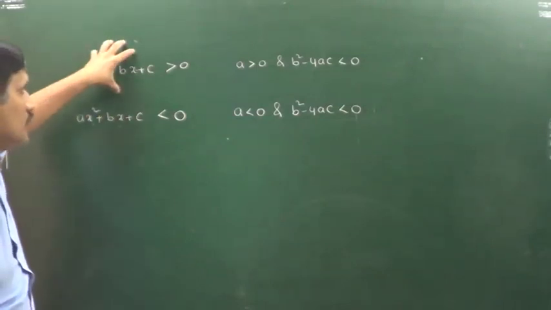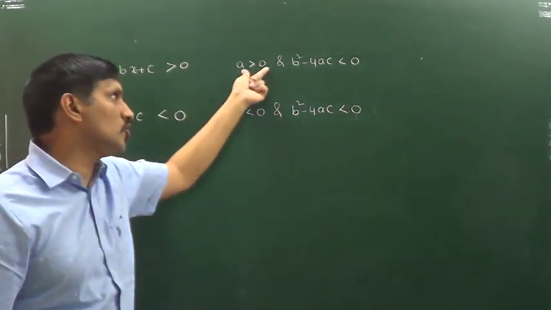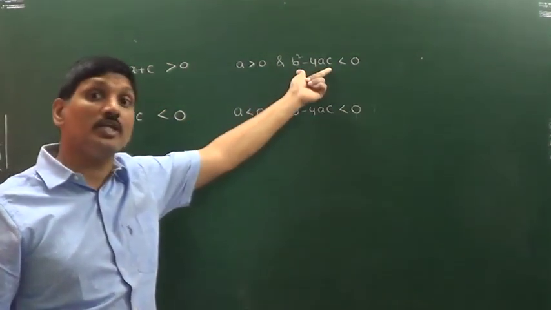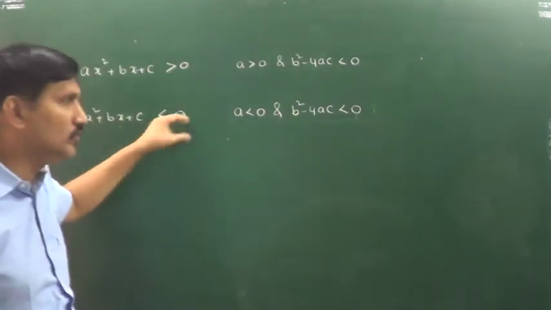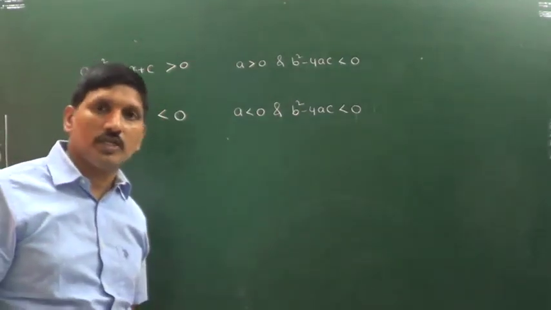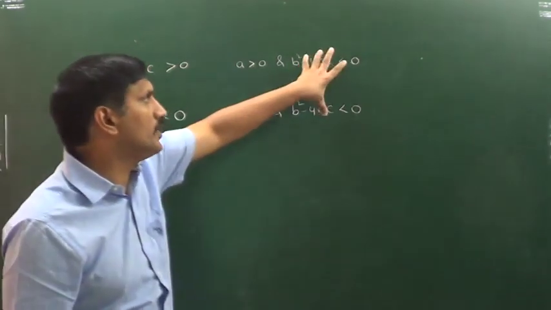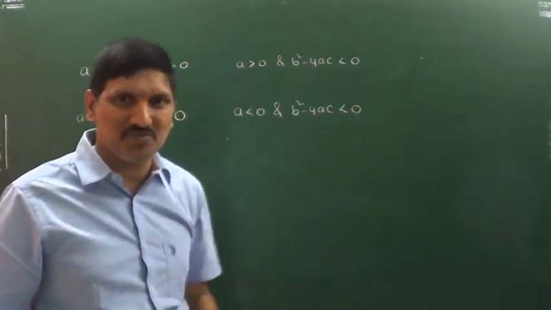Ax square plus bx plus c is positive when a greater than 0 and b square minus 4ac less than 0. This expression is always negative when a less than 0, b square minus 4ac also less than 0. So b square minus 4ac less than 0 means it has imaginary roots.